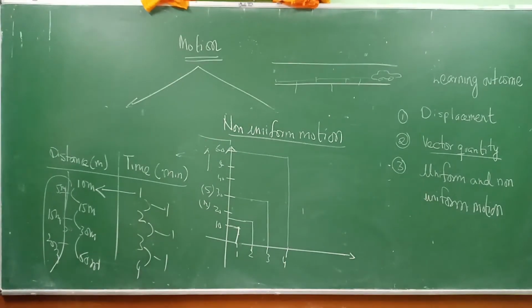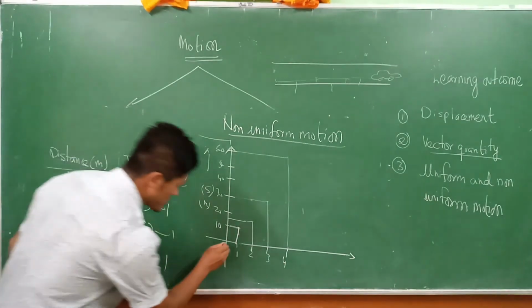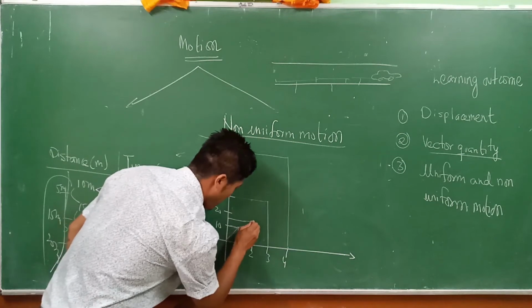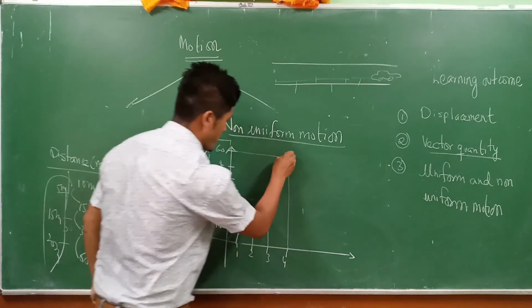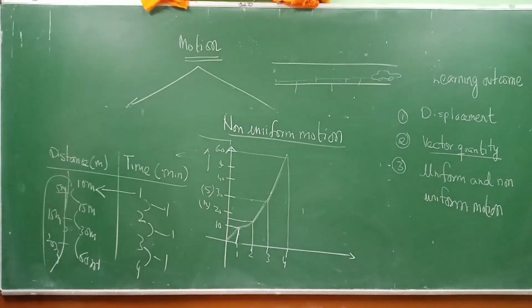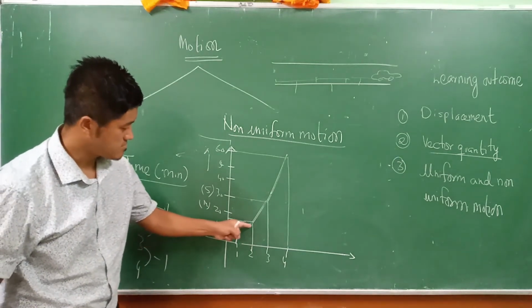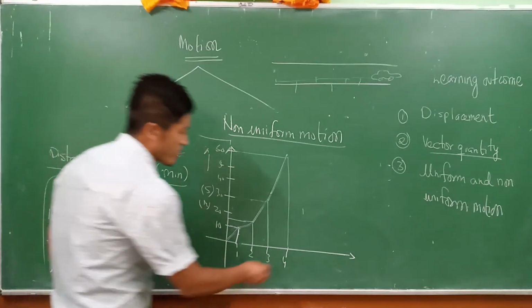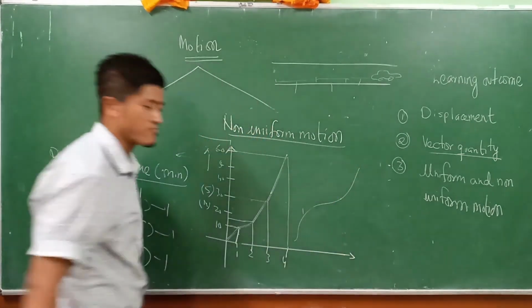Now, if we look at the graph and join the points, are we getting a straight graph? No. We get this kind of graph here.